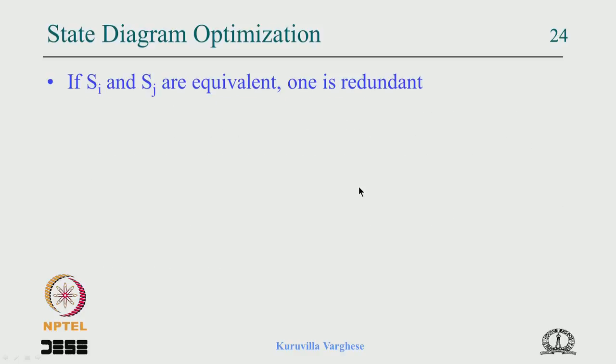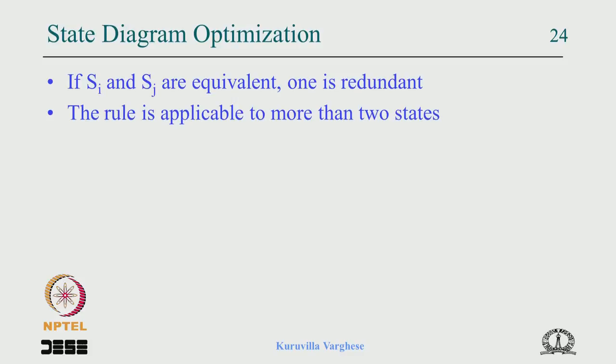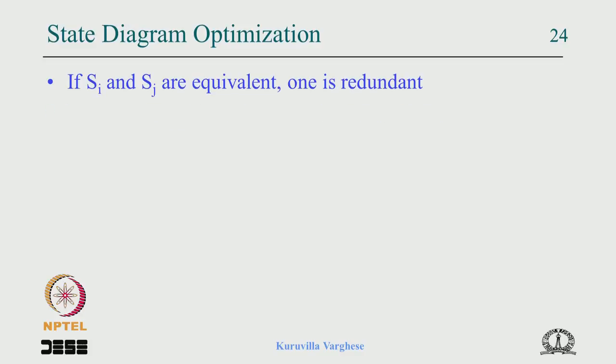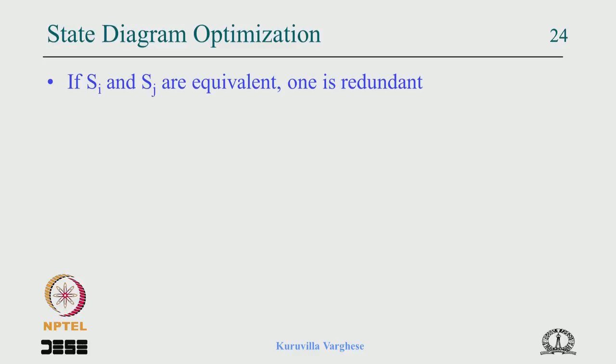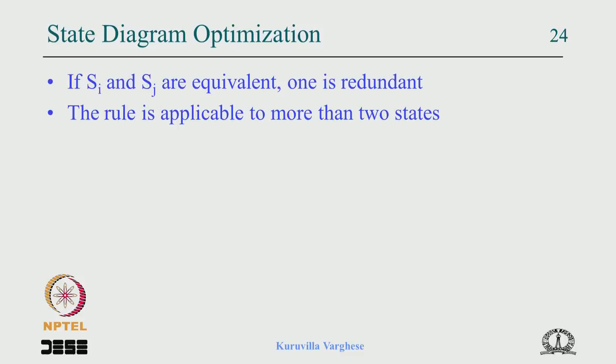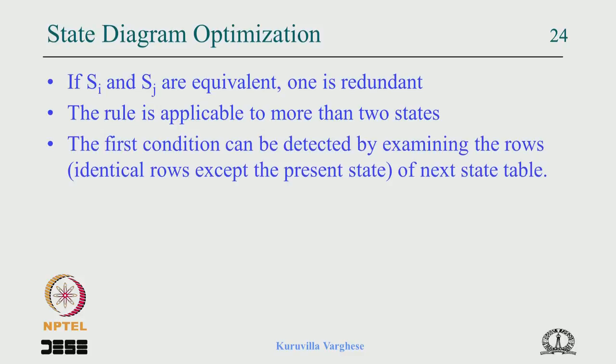So if Si and Sj are equivalent, one is redundant and you can remove it. The rule is applicable to more than 2 states. When we formally state it, we speak about 2 states because it is easier, but 3 states can be identical under the same kind of condition.